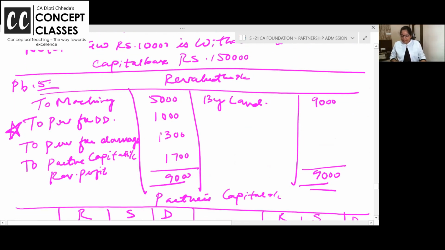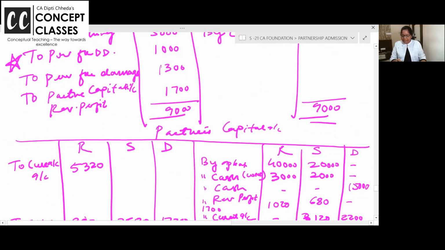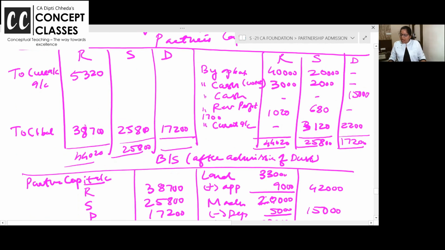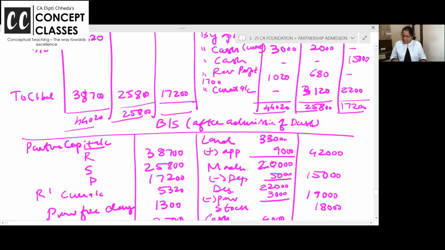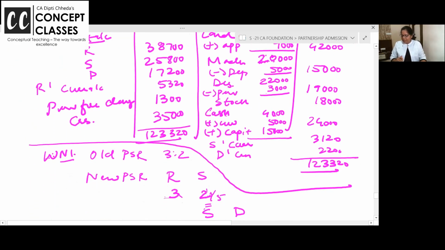Revaluation account: there is nothing except a provision or liability, create a provision for damages. Yes. R, S and D are partners. Goodwill is brought in by D, 5,000. Give it to the old partners in sacrificing ratio. Capital you have taken. Revaluation and adjust the closing capitals in the PSR. The difference, on both sides, you take in the current account.